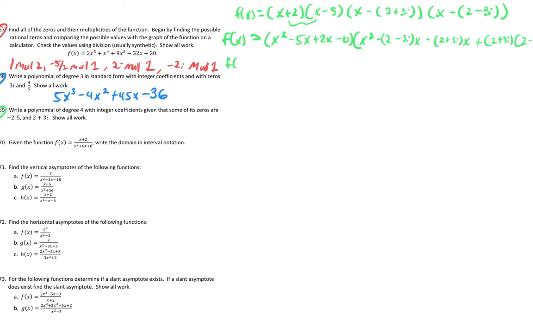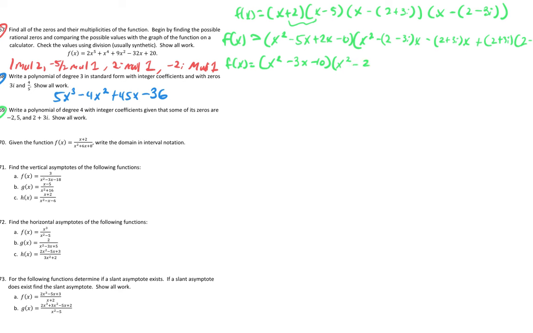Then we can do some simplification on that first multiplication. So we can get x squared minus 3x minus 10. Over here we'll get x squared. We might as well distribute some of those.